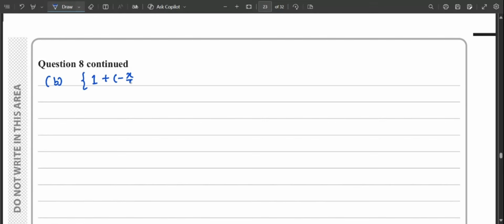So the expansion would be 1 minus half into minus x by 4, plus the second term will be the same because the second term contains a square over the minus x by 4 term. So this will make it positive. This will give us no change for the second term. So this gives us 1 plus x by 8 and plus the third term, which is 128 x cubed.